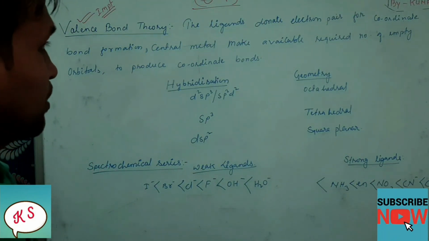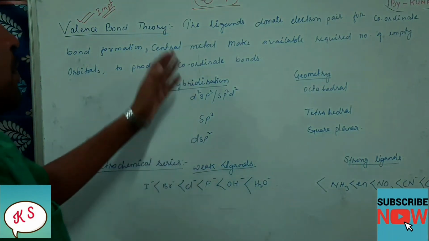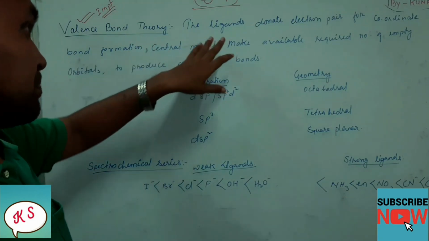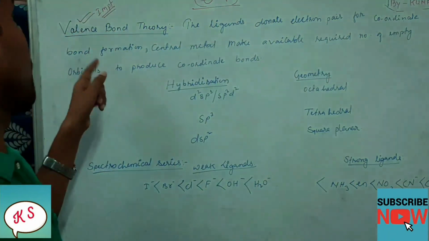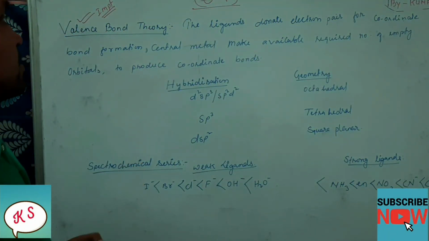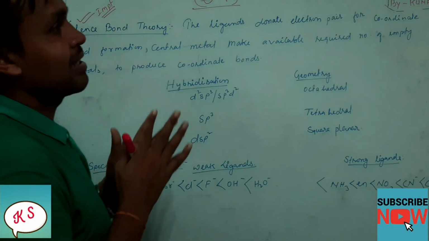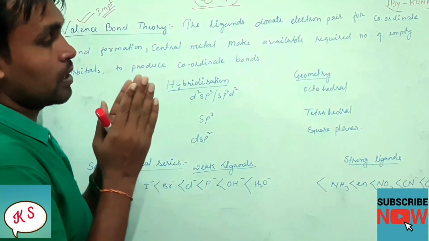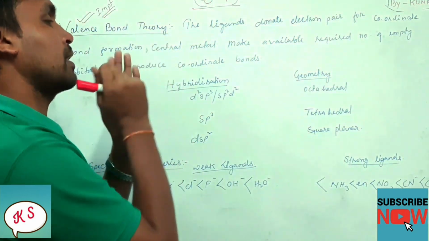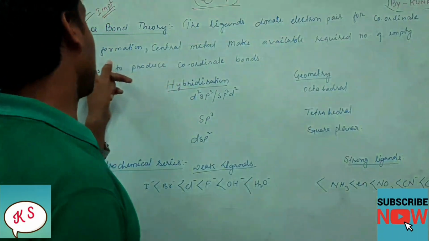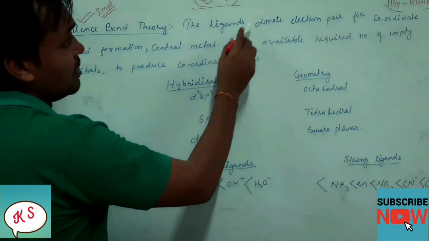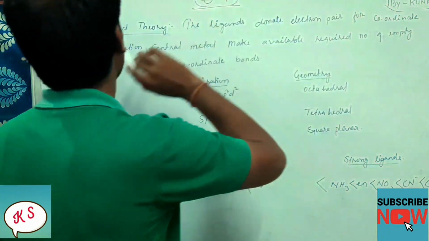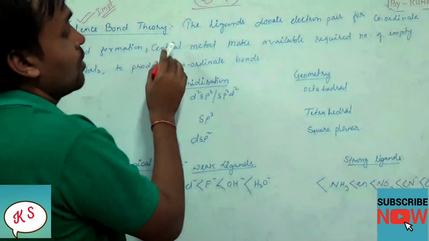So what is valence bond theory? Let us first try to understand. In valence bond theory, the ligands donate electron pair for coordinate bond formation.